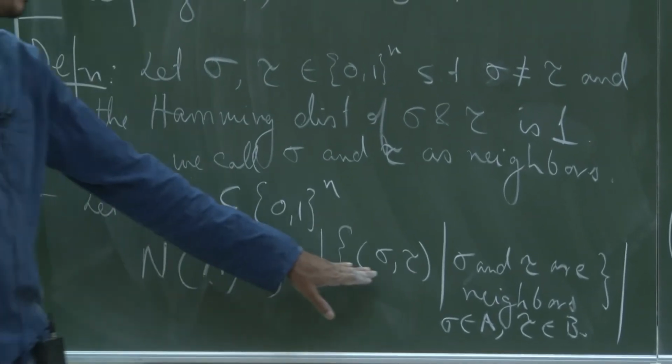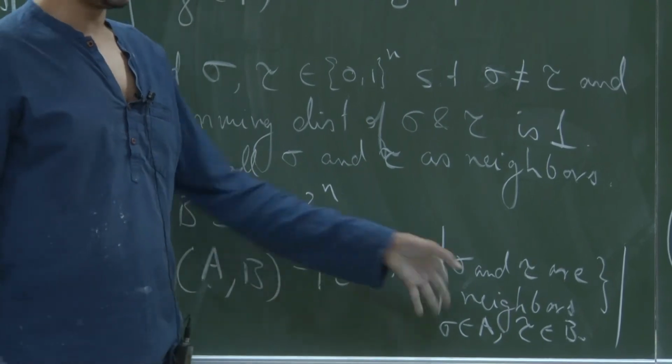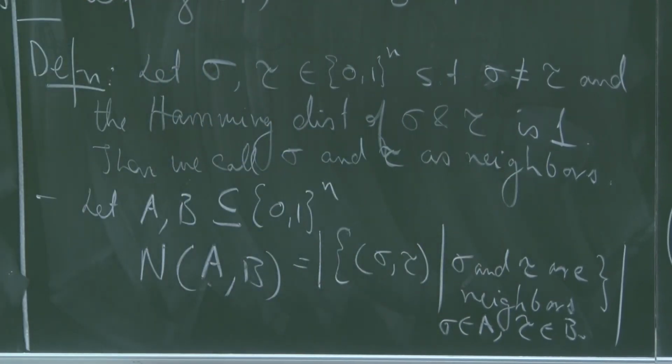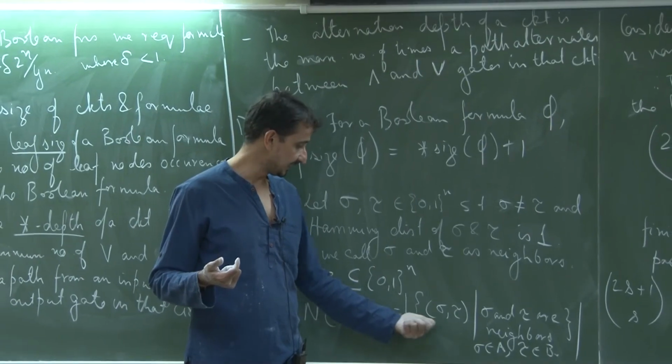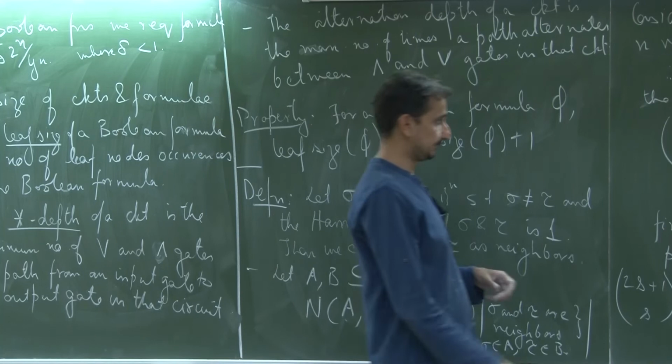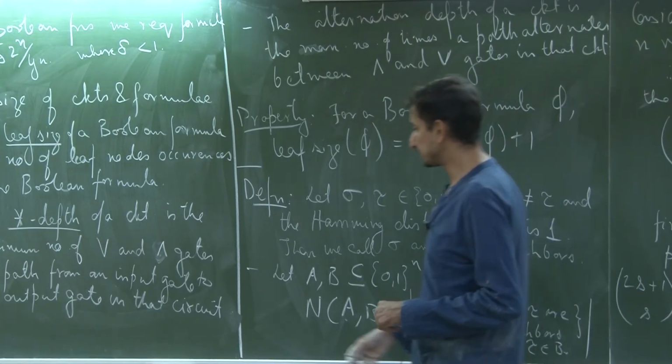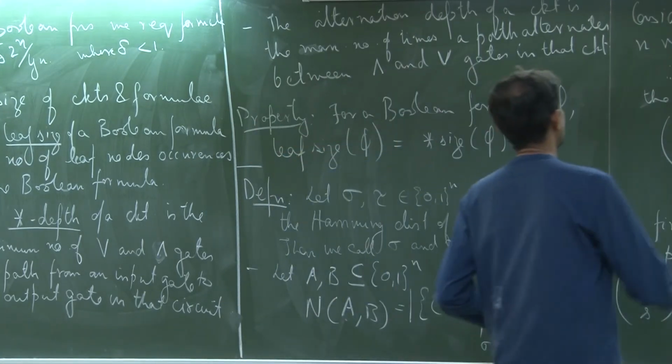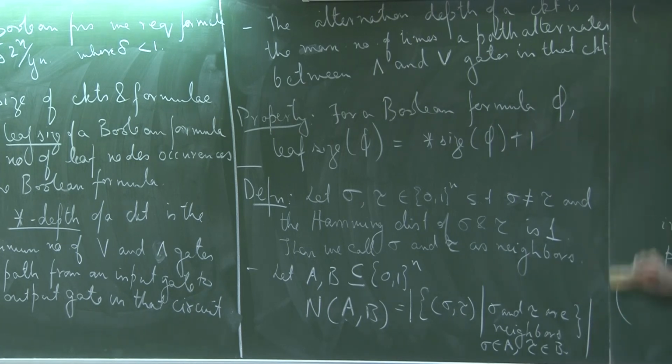So, if I look at (sigma, tau) as belonging to A cross B, then what you are saying is correct. So, if I take two sets A and B, how many tuples are there such that one element is in A and the other element is in B, such that they are neighbors. So, that is N(A,B). So, now we are in a position to state the theorem. This theorem was by Kravchenko, so it is called Kravchenko's theorem.